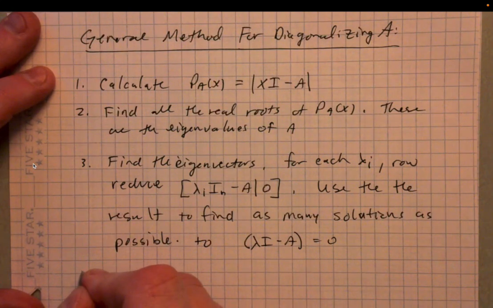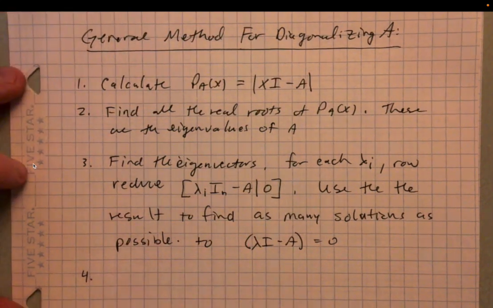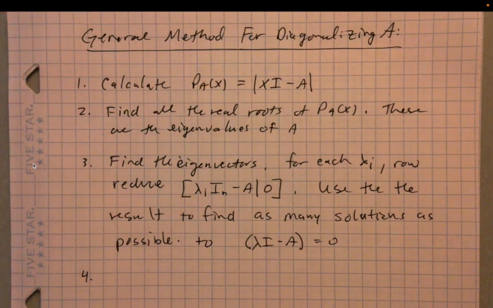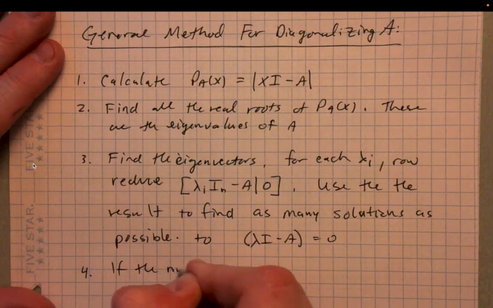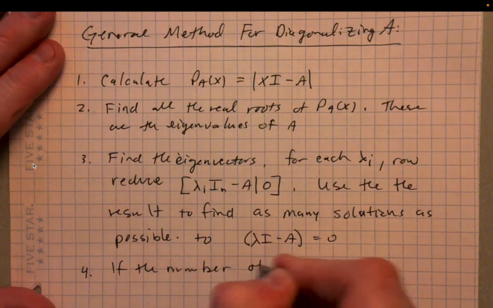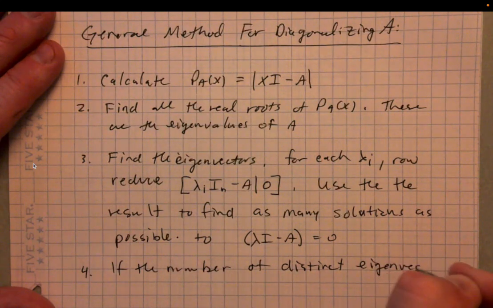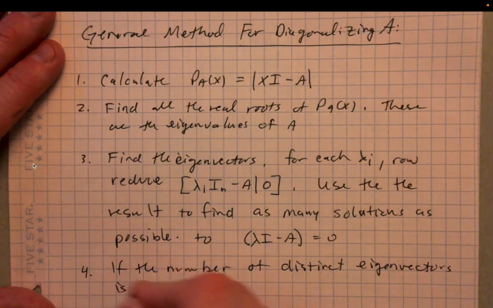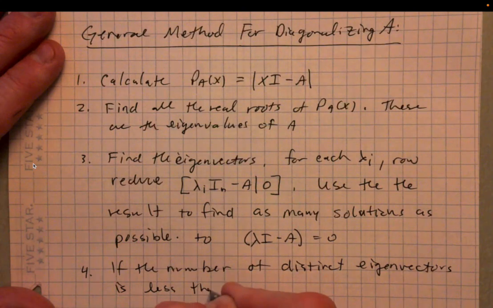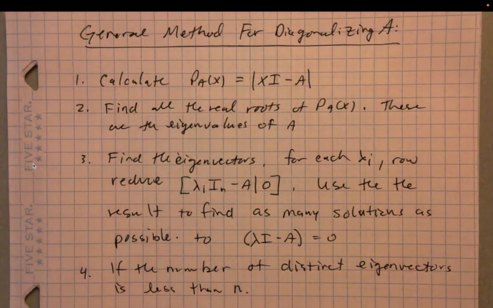Right, and so that's where you're going to spend a lot of time. So after you do step 3 a number of times, you're going to spin up a number of eigenvectors. Now, if the number of distinct eigenvectors is less than n, quit, give up, walk away.